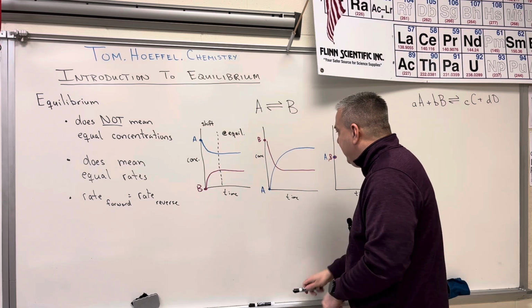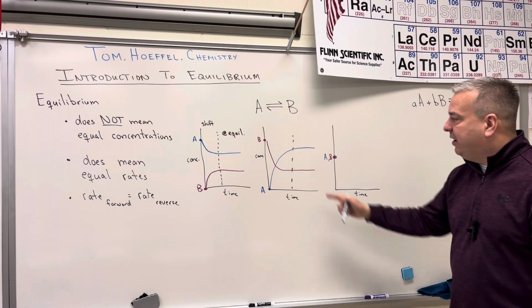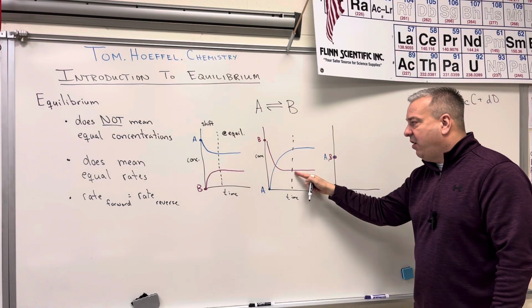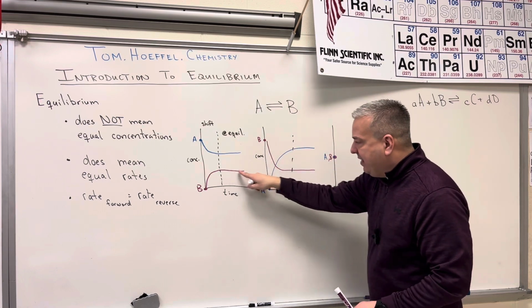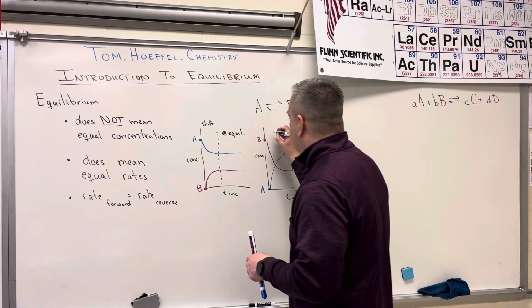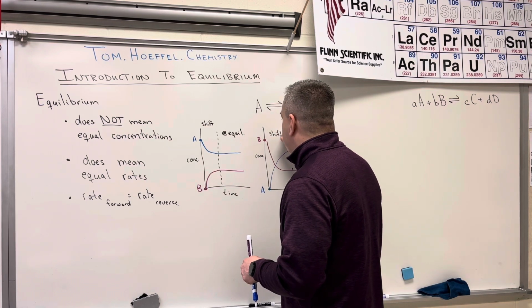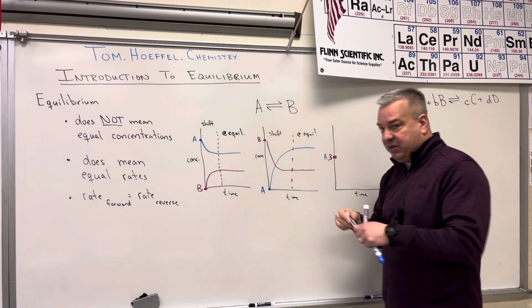And to me, it looks like equilibrium is established somewhere around here where the concentrations are staying constant. I tried to line up the A and the B perfectly. I don't know if I did a perfect job of doing that, but over here is where the shifting is occurring, and then this is where equilibrium is established.